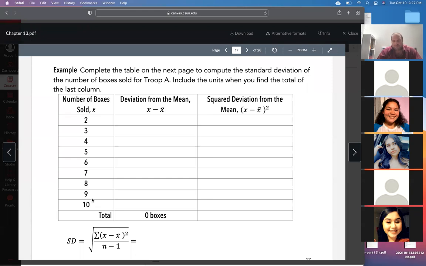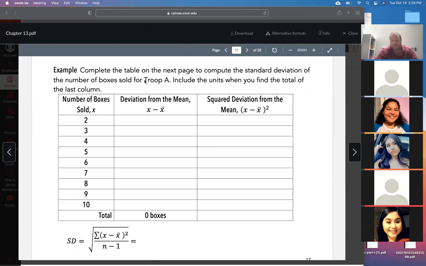No. Just what's the mean for the whole, for all of these? It's one mean for the whole thing. Yeah, it's just 6, right? Didn't we say it was 6 for all of them? Yeah, where they all meet is 6.